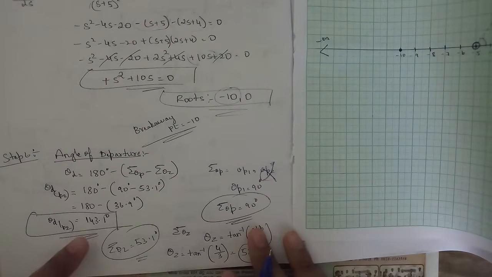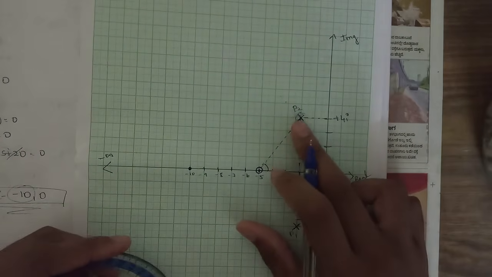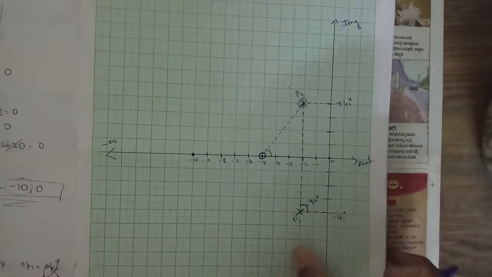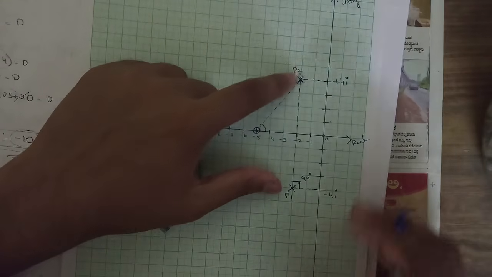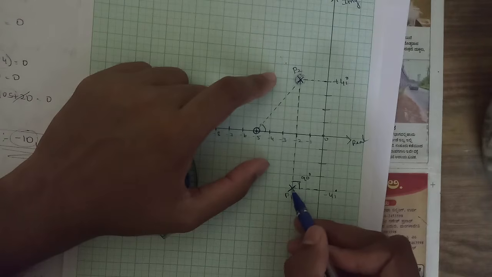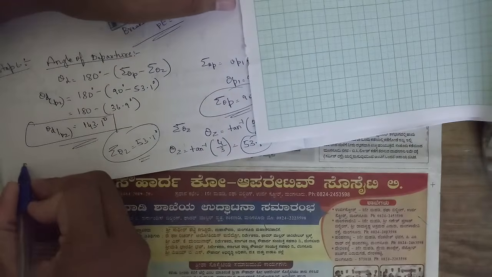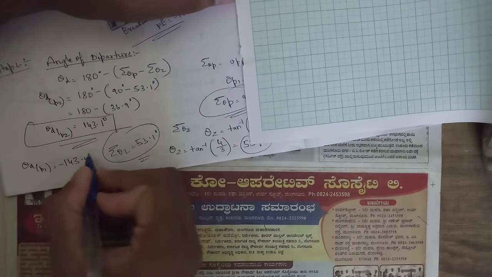Okay, so now this 143 degree we are going to plot from this point, that is pole 2. Since we are calculating with respect to pole 2, if we get an angle of 143 here, the same mirror image angle we are getting with respect to pole 1 also, that is minus 143 degree. So we can directly write theta d of P1 is equal to minus 143.1 degree.